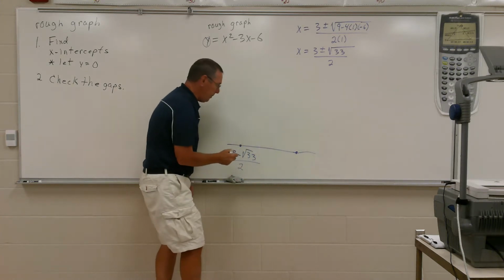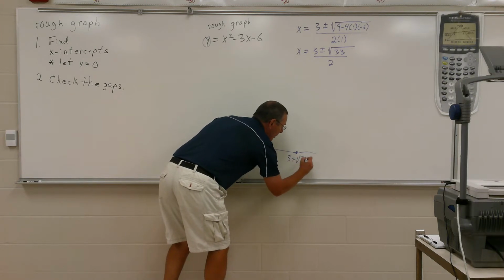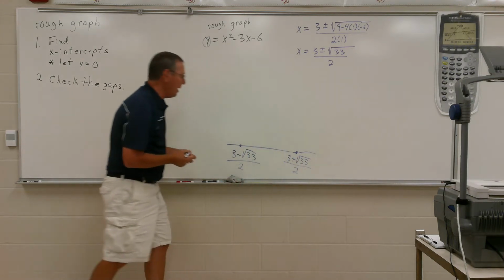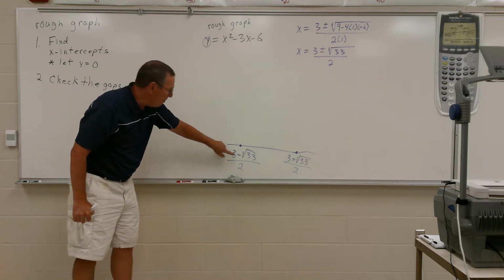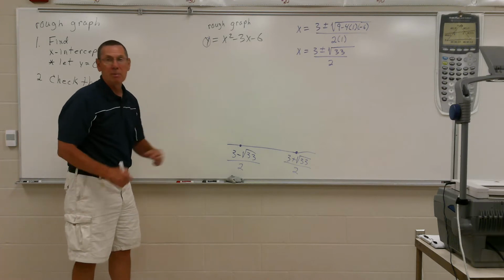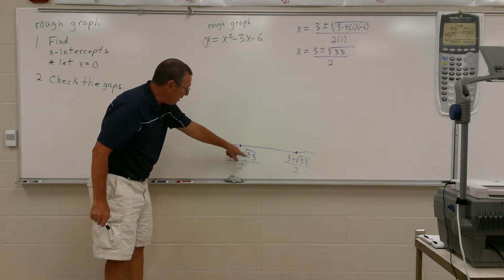Okay, my other intercept will be 3 plus the square root of 33 over 2. Okay, there's my 2 intercepts. This one should be on the left, because 3 minus that thing has got to be less than 3 plus that thing.